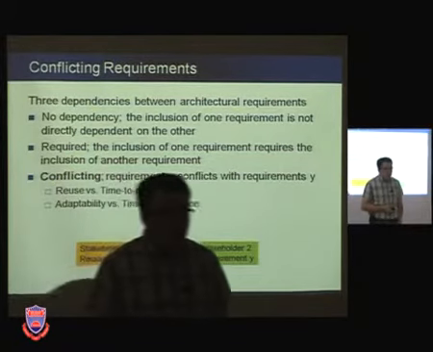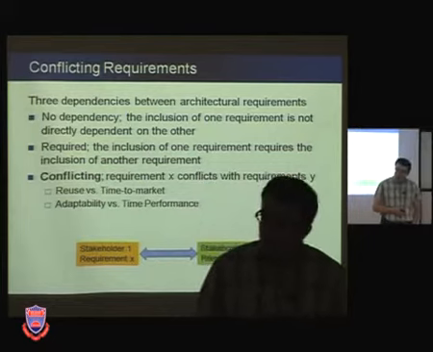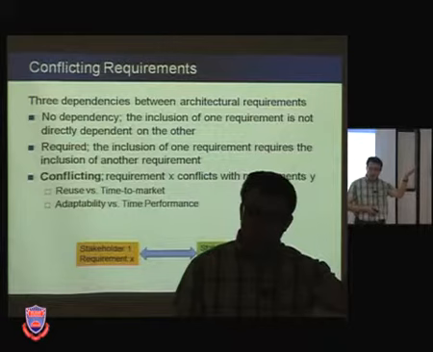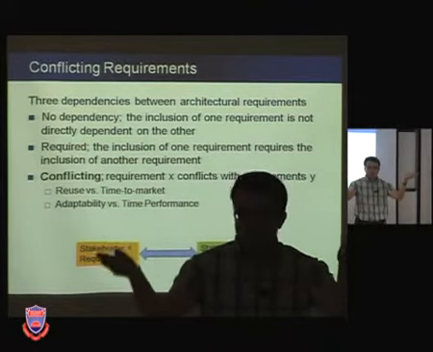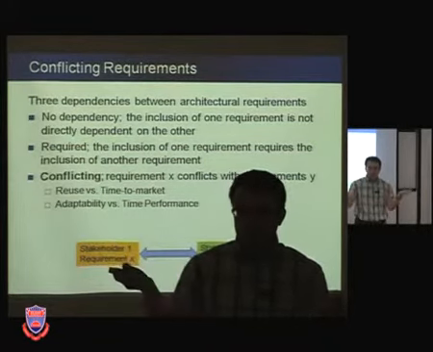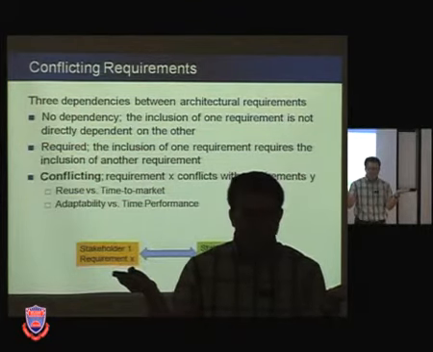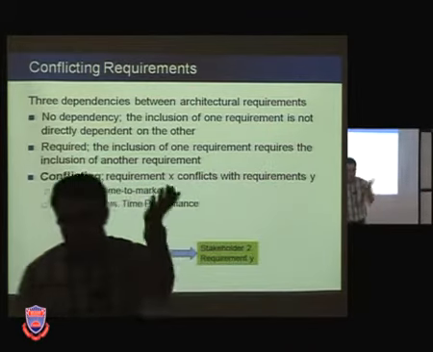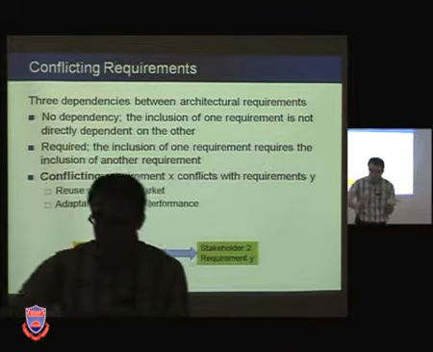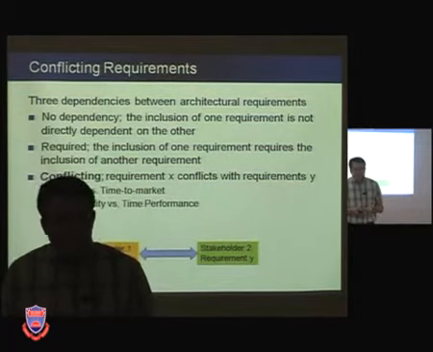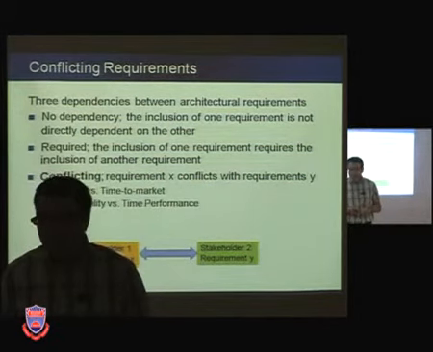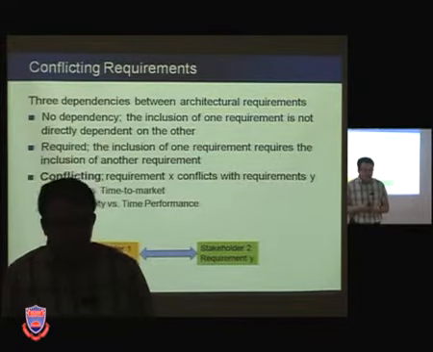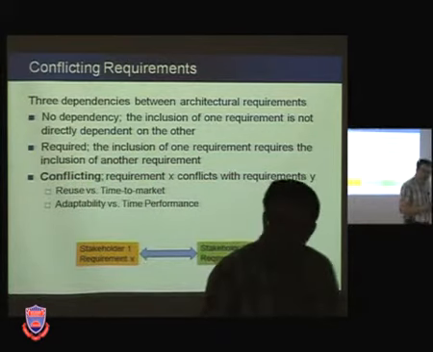So what would you do if requirement 1 is highly important, but it conflicts with another requirement which is not that important? There's a conflict. How do we resolve it? Ignore the less important one. We take the important one, and we don't implement the other. Things will be more difficult if they have the same importance, the same priority.